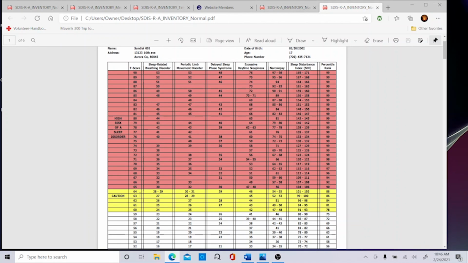Really, it's used more in research when researchers are doing comparisons and doing statistical analysis. You need the T-scores for statistical analysis. But basically, T-scores above 60 are somewhat significant, and above 65 is usually very significant.